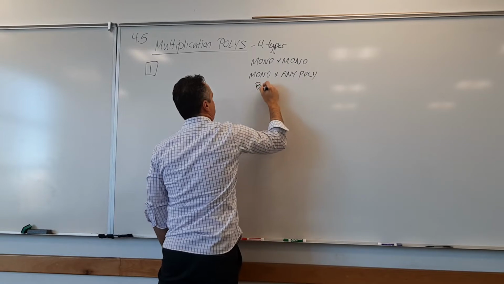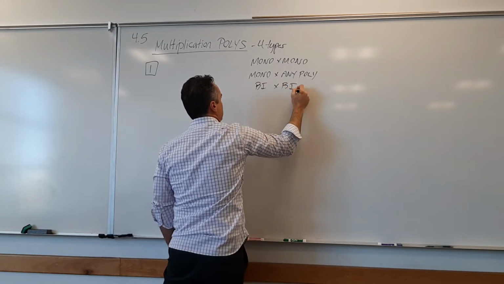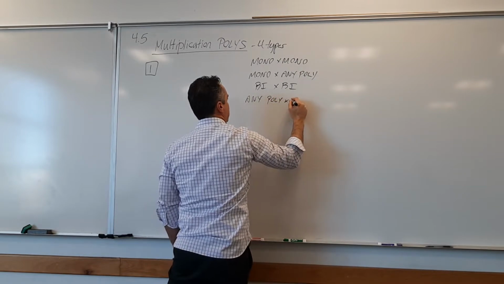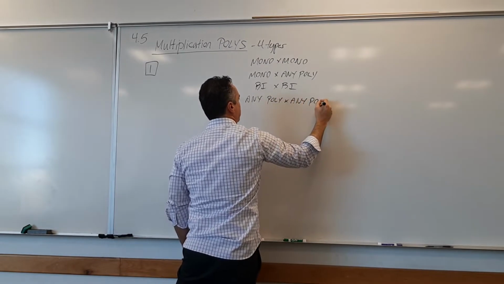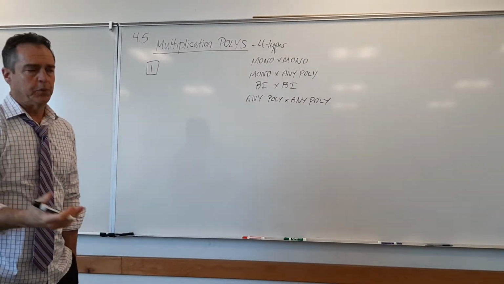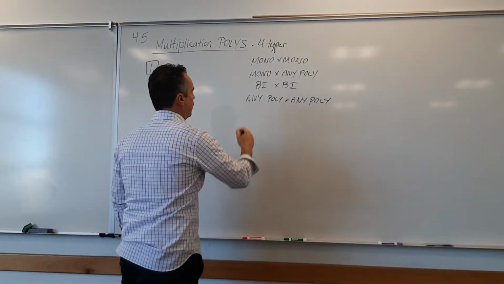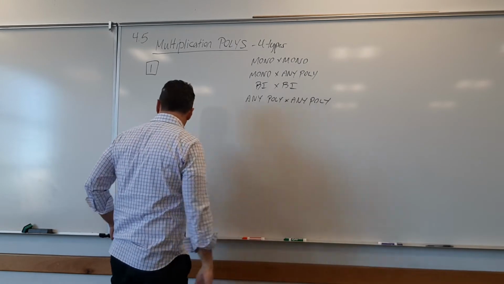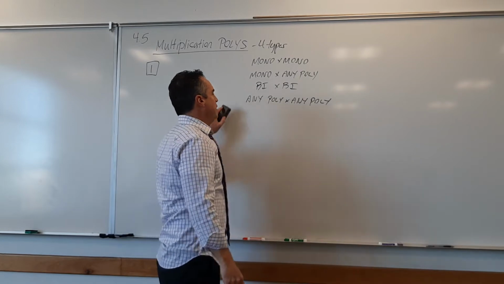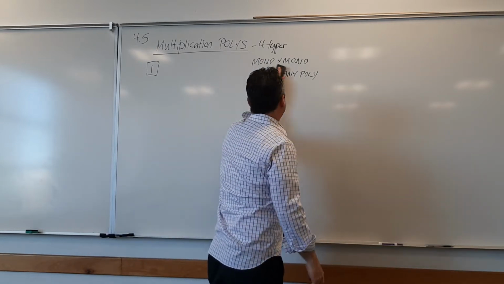Then we'll have the bi times the bi, and then the any poly times any poly. And we're going to go through all four of these in our lecture over multiplication of polynomials. So all four of those, 1, 2, 3, 4. So I'm going to erase that. And we're going to start with the mono times the mono, and you'll understand more about what each of these mean.